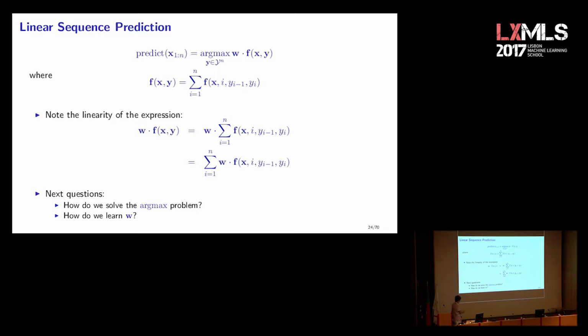So how do we solve the argmax problem in the presence of exponentially many possible solutions? That we're going to see now. And the basic machine learning question is, if you give me a certain representation and data, how do I learn W? How do I set values to W? This is a learning problem, which we're going to see in the second part.